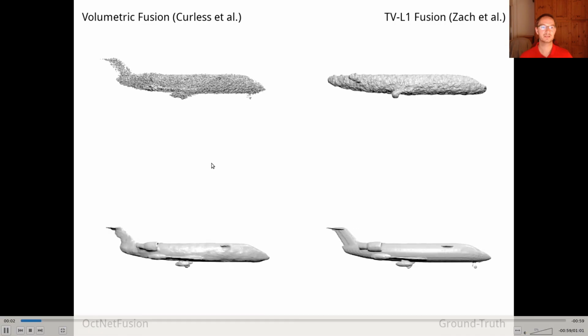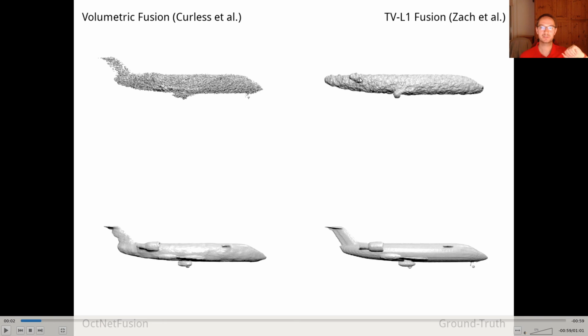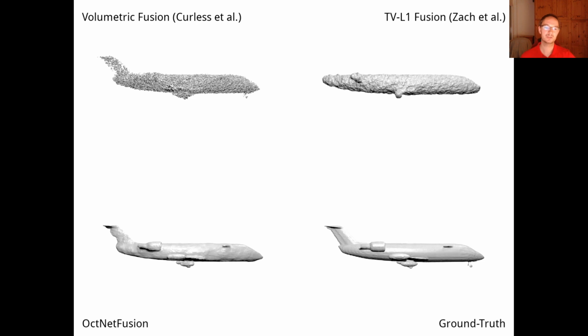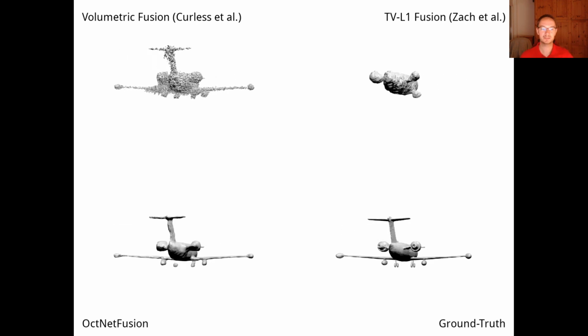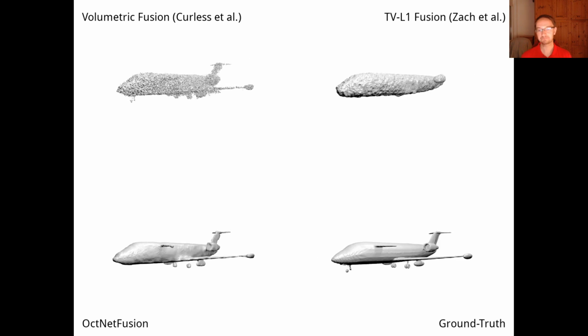So you can see here an example of volumetric fusion when noise is applied to the input. There's observation noise, and this is a simple variational fusion technique that doesn't do learning. And here at the bottom left, you can see what happens if you train such a learning-based model now on a large data set of 3D shapes that nowadays is often available.